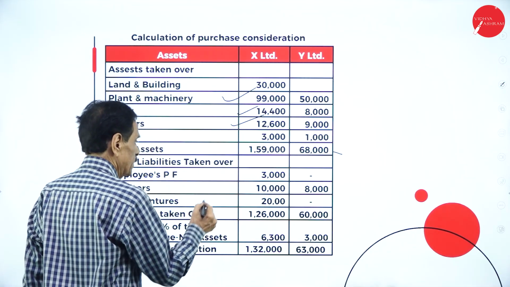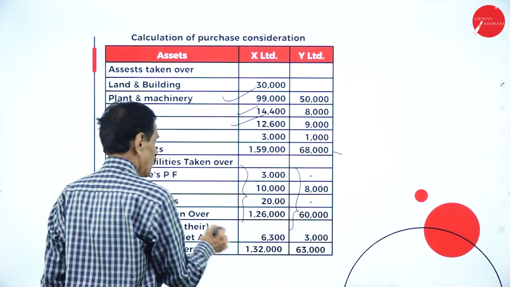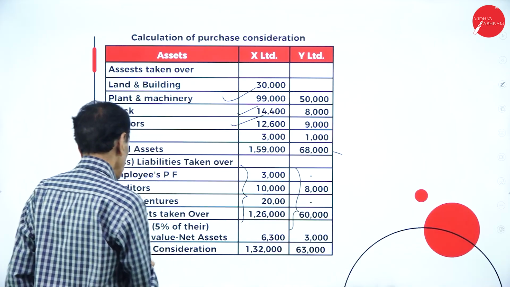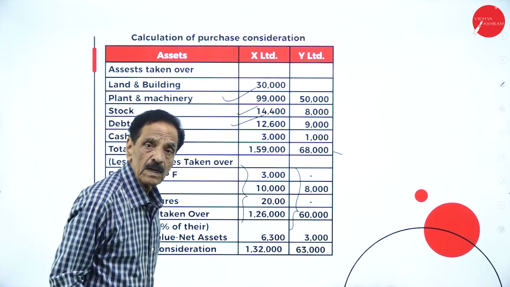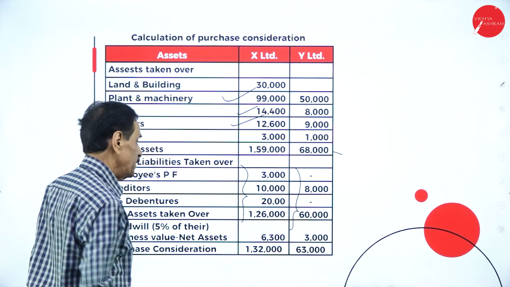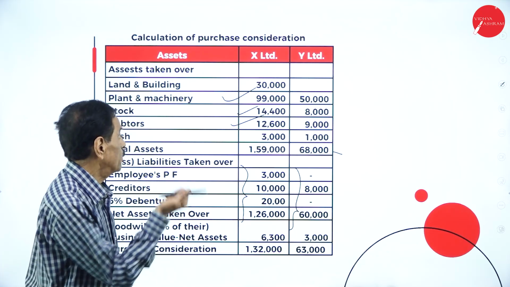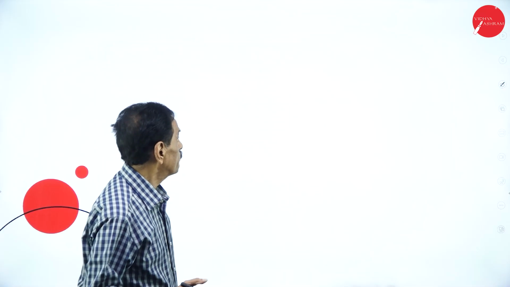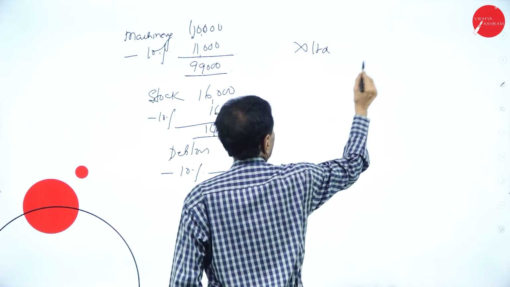We deduct now. All these will be deducted, all minus figures. So 68,000 minus 8 becomes 60,000. So 5% goodwill on this 1,26,000 will work out to 6,300. 5% is 3,000. This is the purchase consideration. This is the amount payable by Z Limited to X Limited and Y Limited. So X and Y Limited are selling here: two companies, X Limited and another Y Limited.